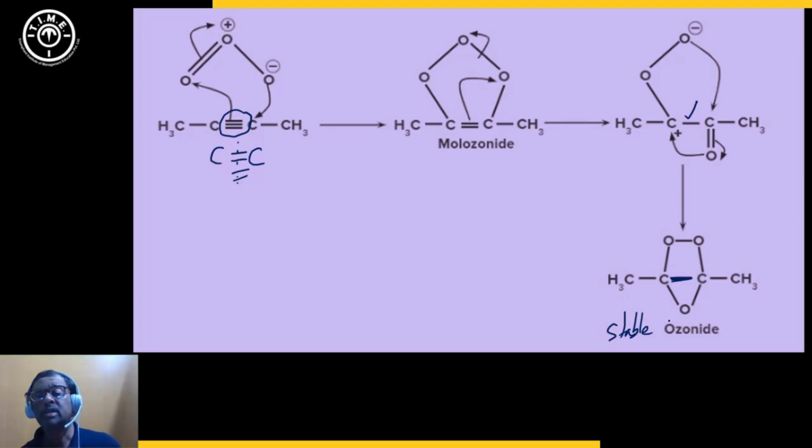So this is the stable ozonide formation from an alkyne. So far we have discussed the alkene mechanism in detail, and therefore we are able to extend that mechanism to an alkyne, and the molozonide, which is also formed in an alkyne, will turn into a stable ozonide. Clear?